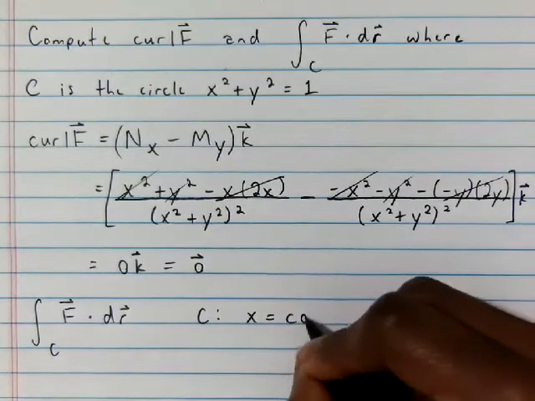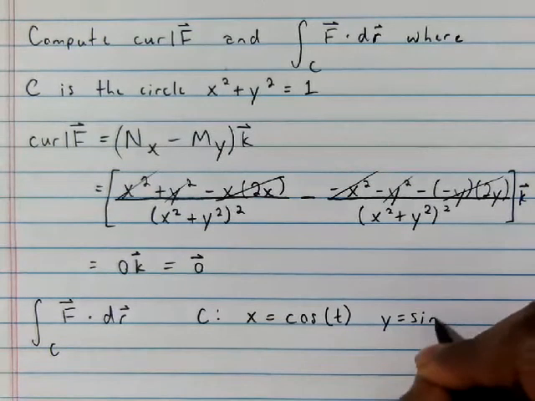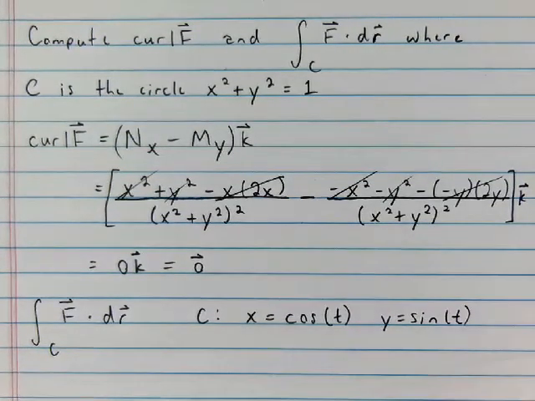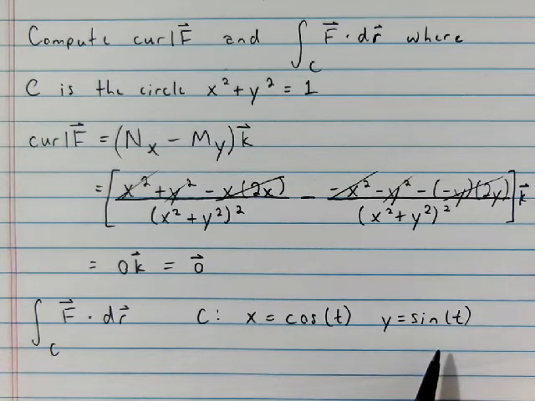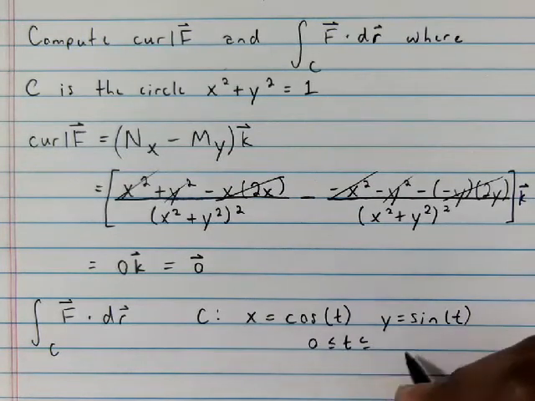The parameterization for that is x equals cosine t, y equals sine t. If you're asking yourself, or hopefully you are asking yourself now, why am I parameterizing C? Why not use the fundamental theorem of line integrals? We'll talk about that as we go a little bit further in the problem. So t goes from 0 to 2 pi.